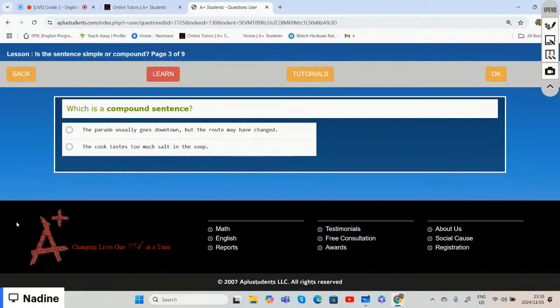So we need to say which is a compound sentence. Option one, the parade usually goes downtown, but the route may have changed. Or option two, the cook tastes too much salt in the soup. Option one or option two.